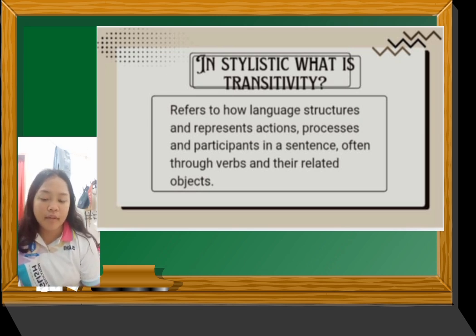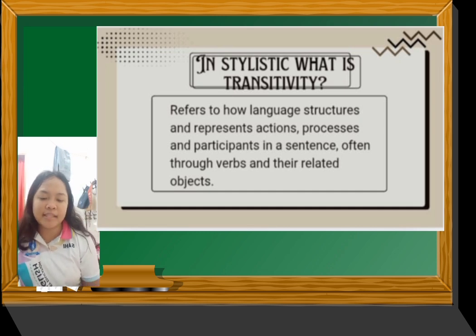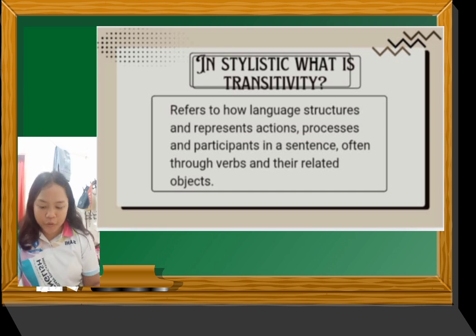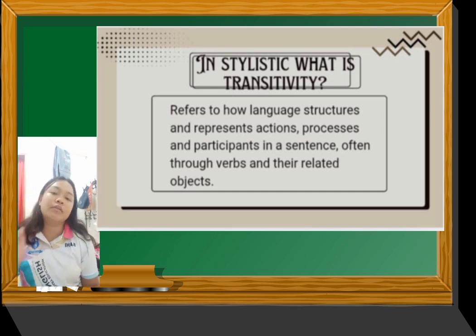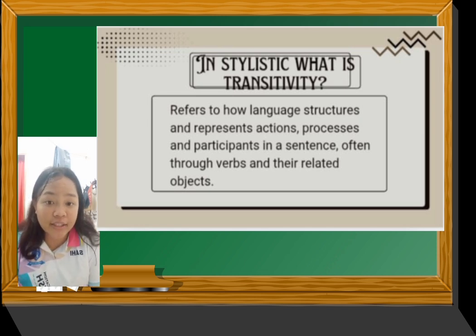In stylistics, transitivity analysis examines how events and their participants are represented in language, revealing how different actions and their roles are expressed. This analysis can be used to understand how linguistic choices contribute to meaning and characterization in literary works. So I have three examples here. The first example is material processes and characterization.